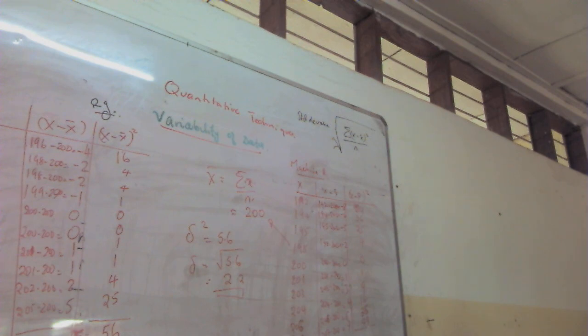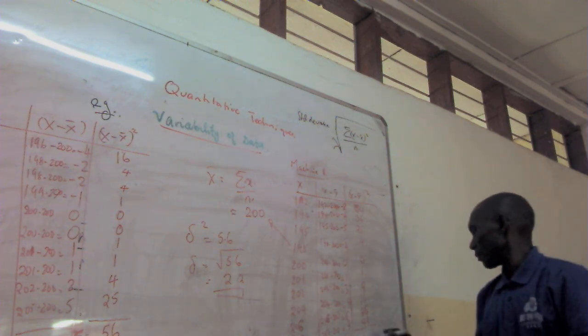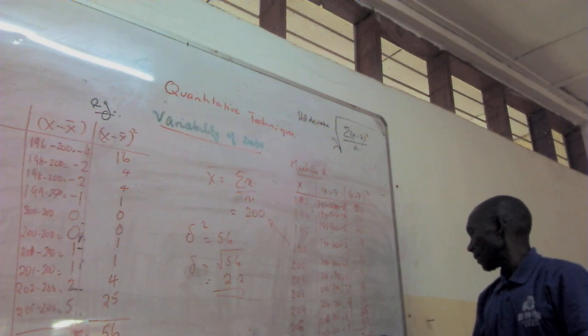The total is 240, divided by 10, which is 24.